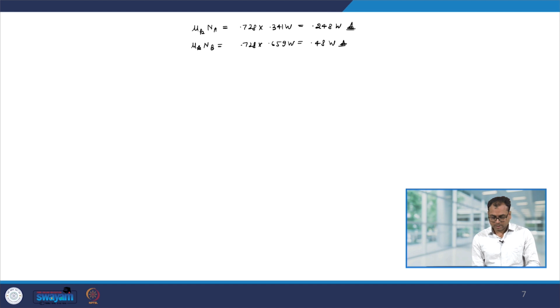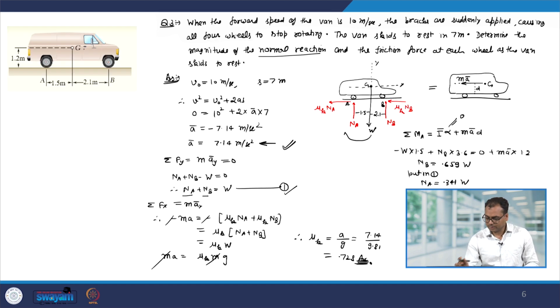So, therefore, the reaction force at each wheel will be half of what we have determined.